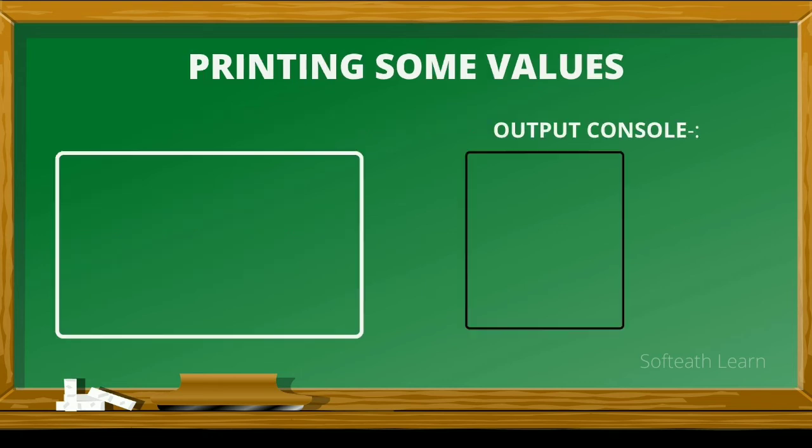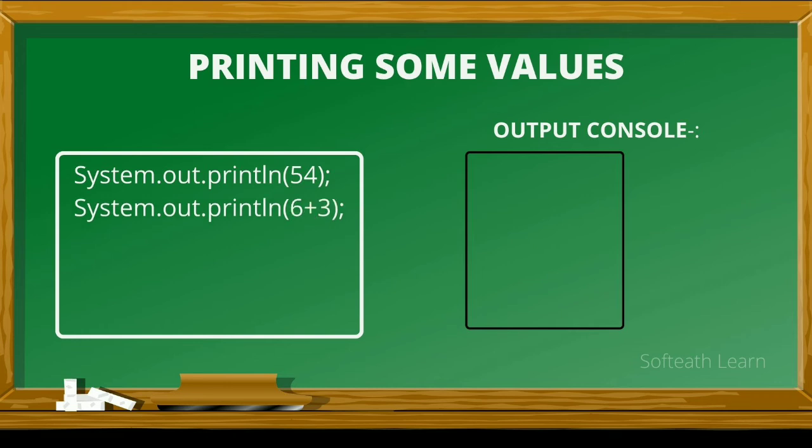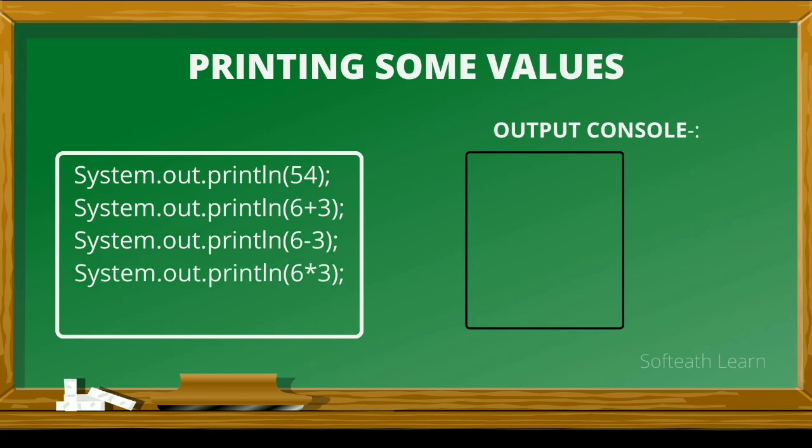So now let's print some values. For example, I am calling the println method by passing 54 as a parameter. So println is going to print 54 on the console. In another example, I am printing 6 plus 3. So Java will calculate 6 plus 3 and then print the result. Also I am printing 6 minus 3, 6 multiplied by 3 and 6 divided by 3.